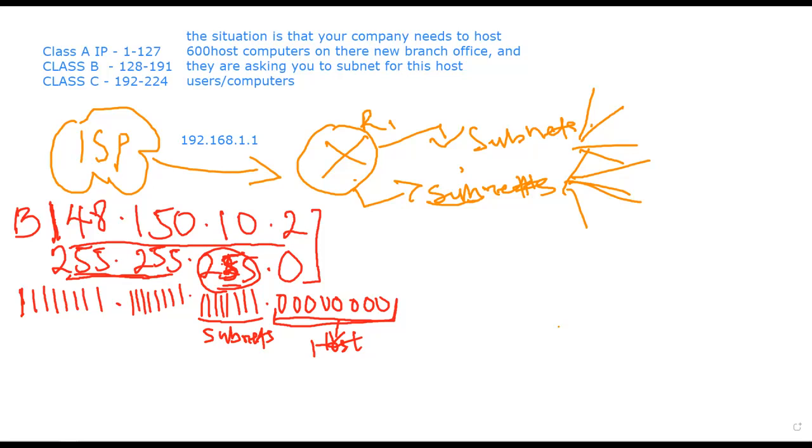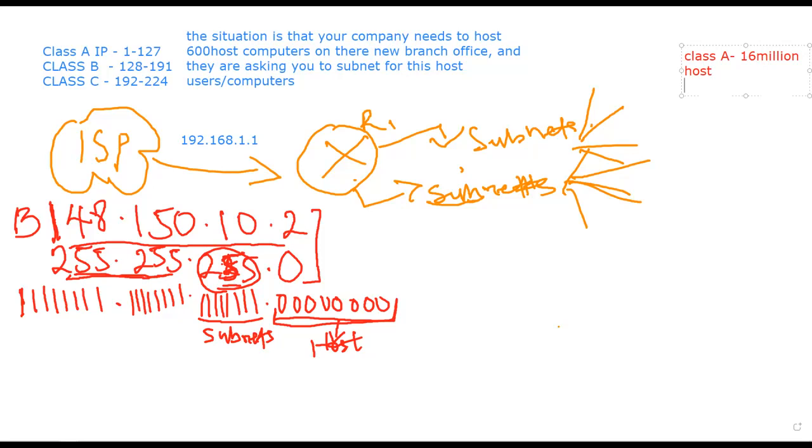Now, you must remember something, let's put this point here. Do not forget that we already have this knowledge that a class A IP can accommodate 16 million hosts.